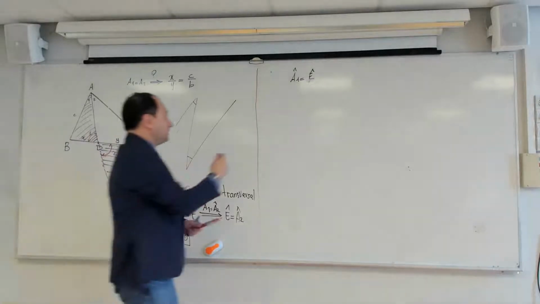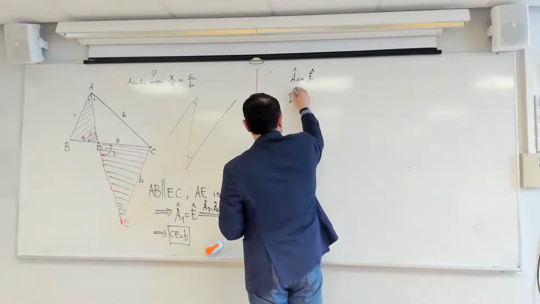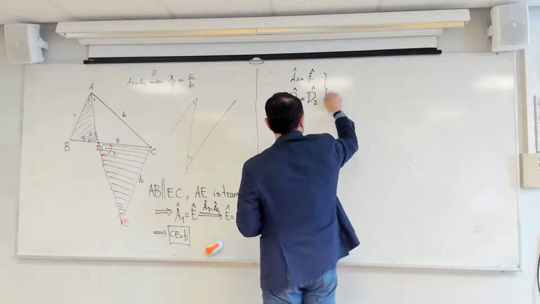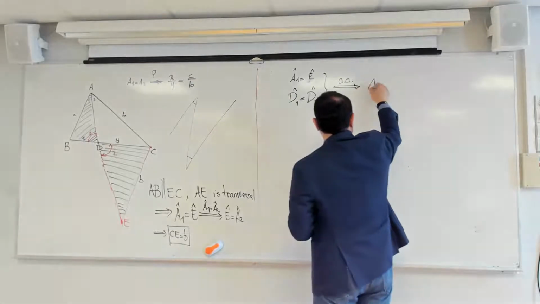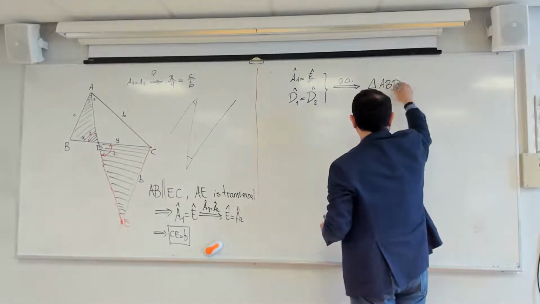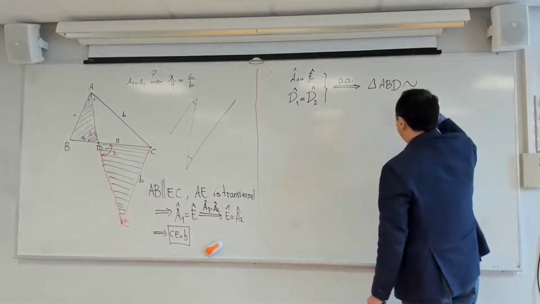That's the definition of vertical angles. So angle D1 is equal to angle D2. Then by the angle-angle theorem, the smaller triangle ABD is similar to the triangle EDC.